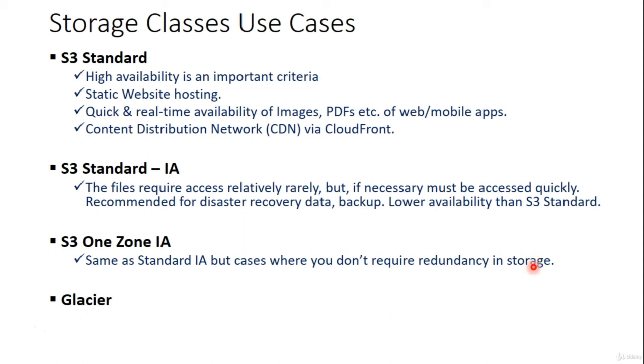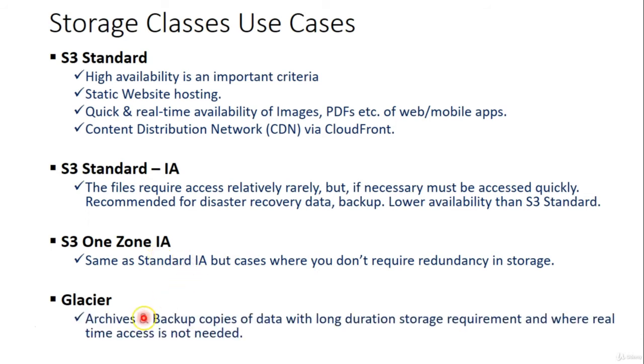So if you think your data is not that critical, then you can go ahead with One Zone IA. Glacier is most suitable for archives and backup copies of data with long duration storage, at the same time where you don't require real-time access.